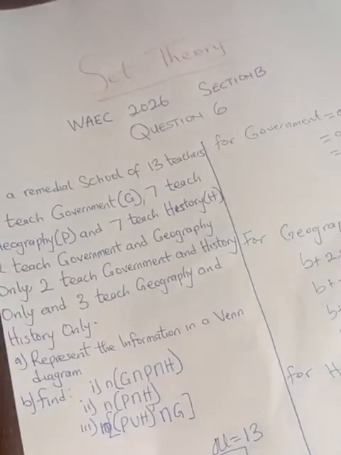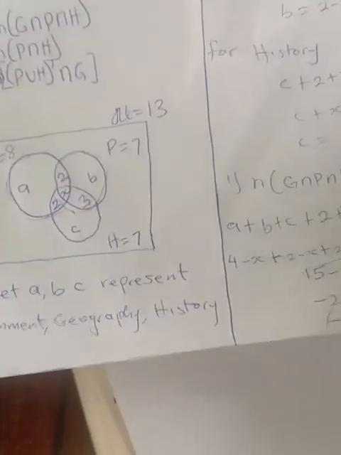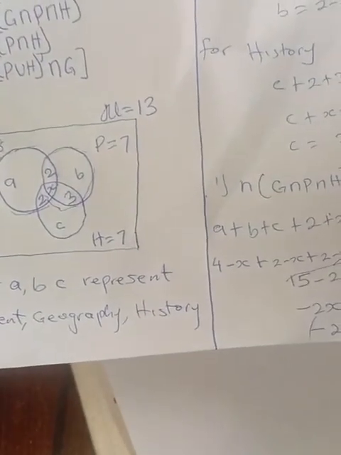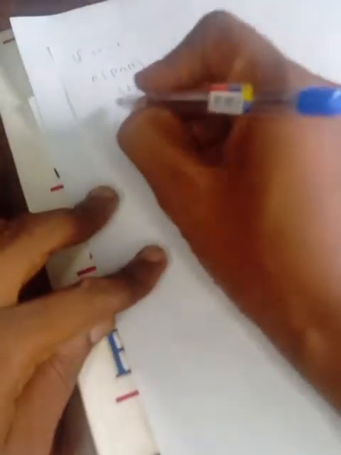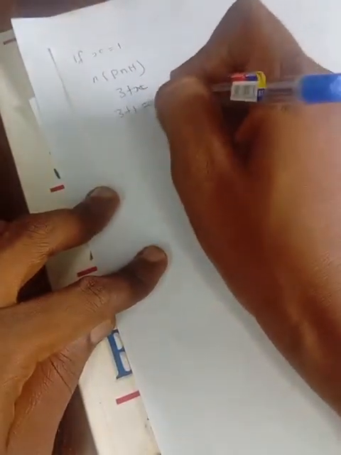So that is geography and history only. Looking at geography and history here, that's 3. So it will be 3 plus x, the common factor, geography and history only. You add it with everyone that did the subjects. So that is 3 plus 1 equal to 4.